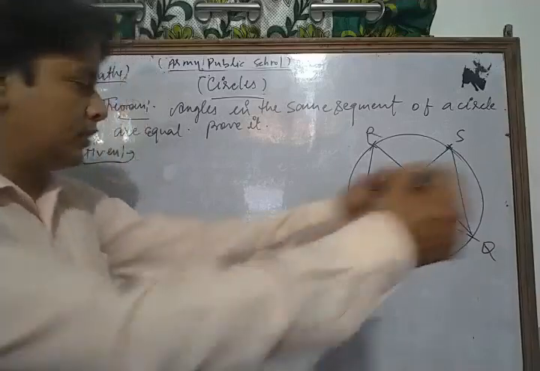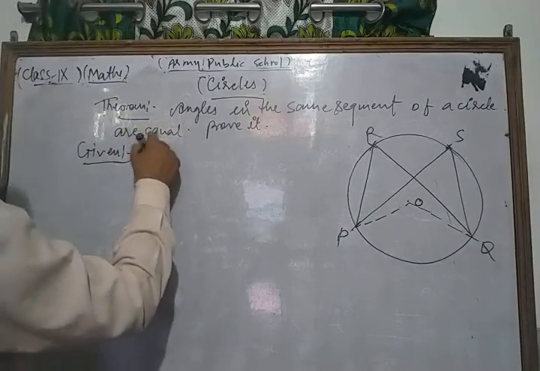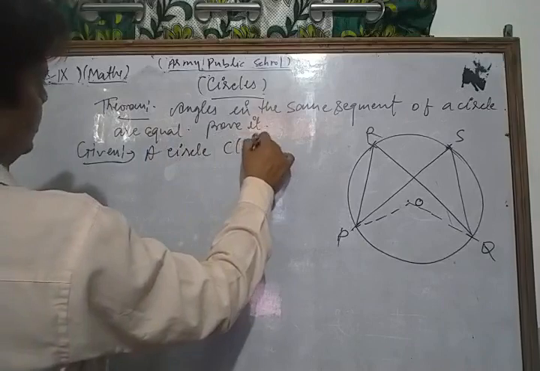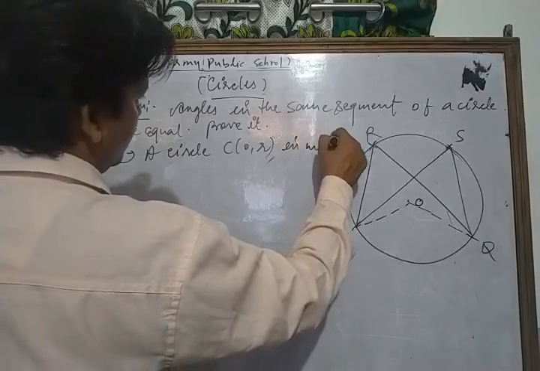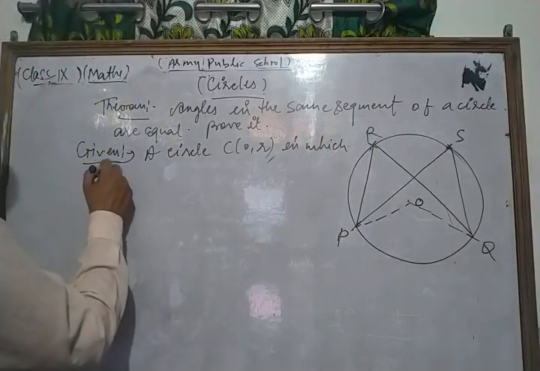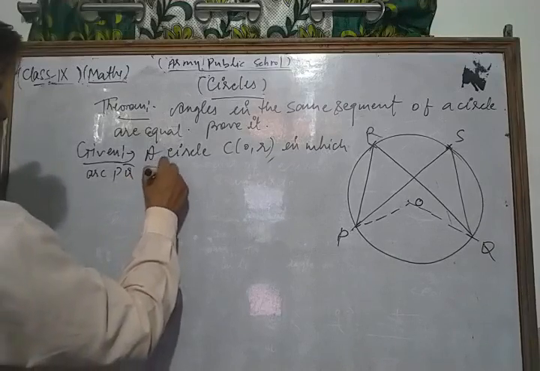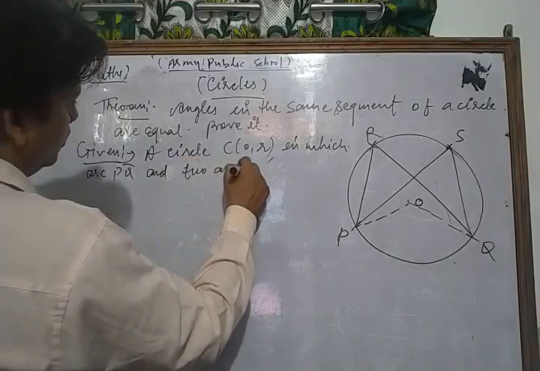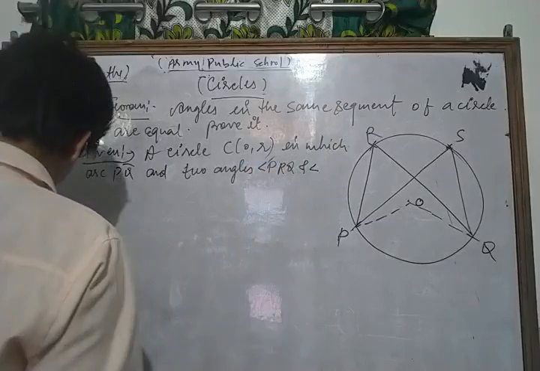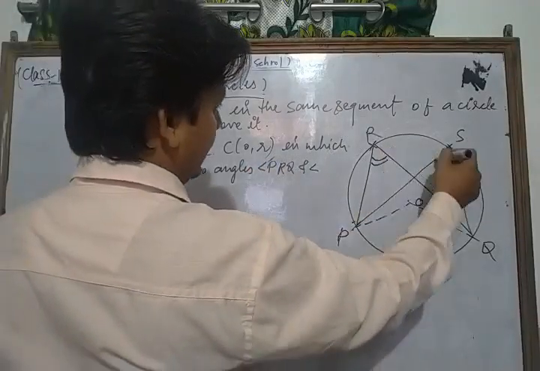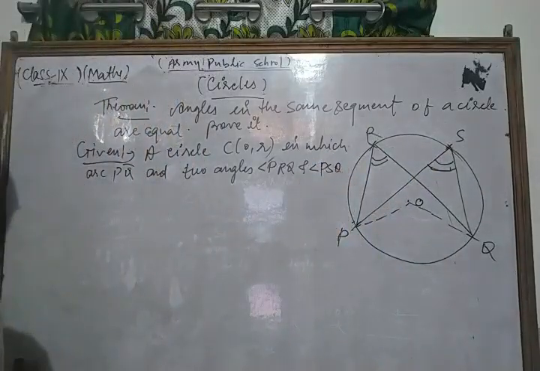Now, first of all we write the given. Dear students, in the given we write a circle C with center O and radius R, in which R, P, Q, and two angles, angle PRQ and angle PSQ, are in the same segment of the circle.